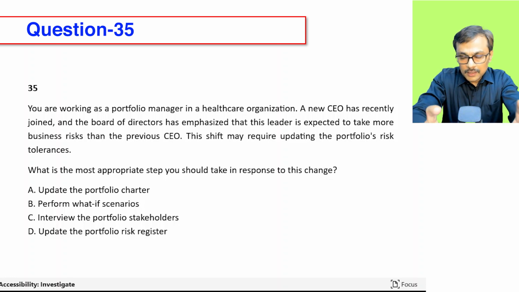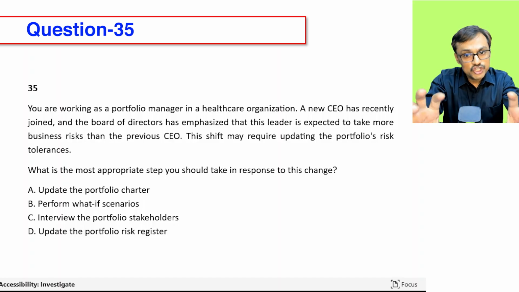Now, see, this question, I don't know how PMI is going to map it to risk or strategic alignment, because it is touching both. And that is a type of question you can expect. Here I am putting it into risk, but it could be fairly mapped there as well. Why? Because we are seeing a smell of a change happening at a strategic level.